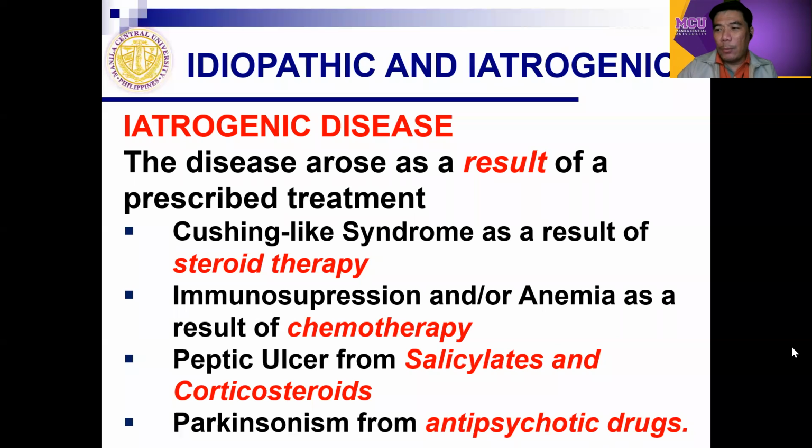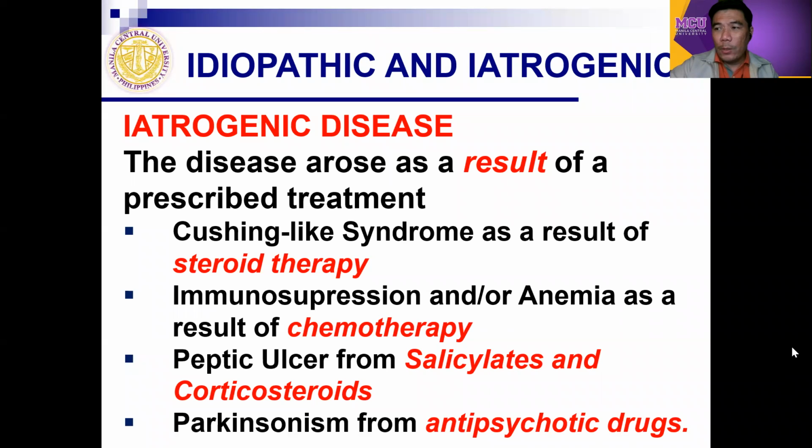At usually pag nagpo-produce ng cortisol, ang cortisol are being produced by the adrenal cortex. Okay, the adrenal cortex. But too much increase in the production of the cortisol, it may cause naman immunosuppression or may decrease the immune system. So usually, Cushing-like syndrome happen if the person is taking steroid therapy. So meaning, if the person is on steroid therapy, which is the prescribed treatment, the person may have Cushing-like syndrome as the result of the prescribed treatment.